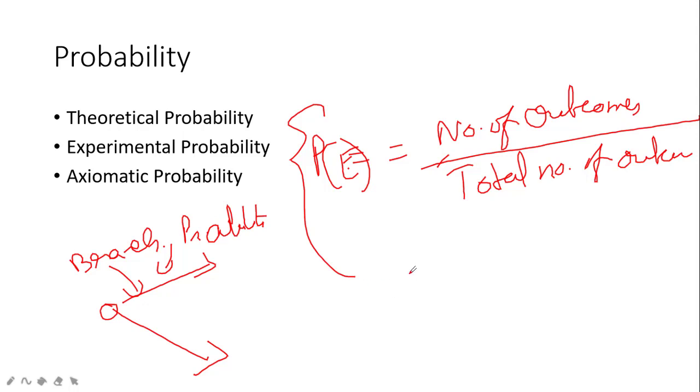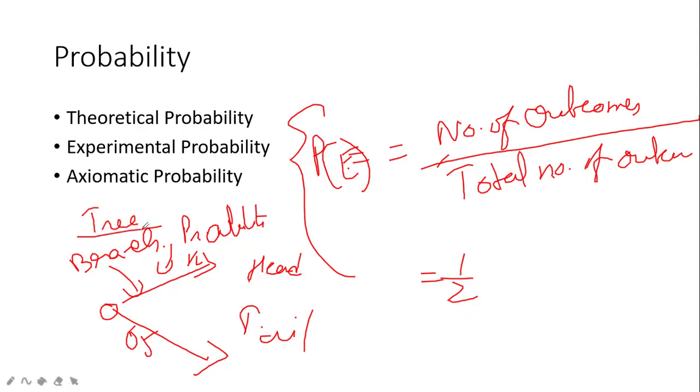Taking head and tail as an example, each is half, so your probability will be half or 0.5. This is your head outcome, this is your tail, each 0.5. This is the tree of probability for a coin.